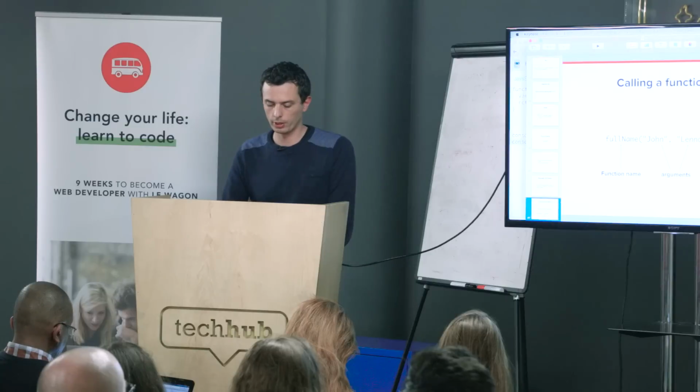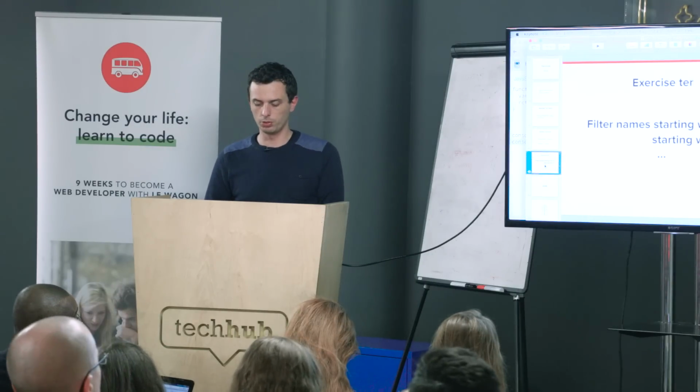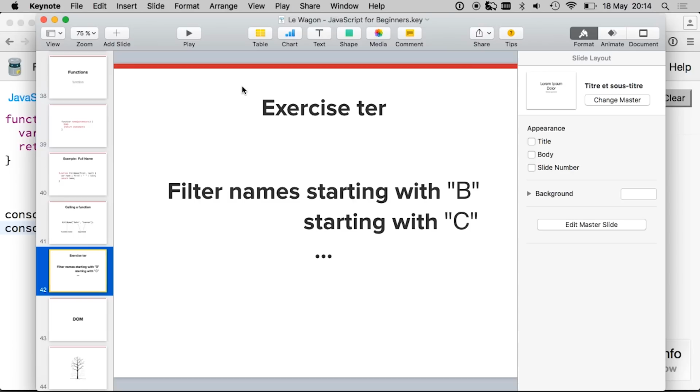So I had a last exercise, but I want to move on to show you some stuff in the browser. Basically, what you could try to do is to write some code so that instead of having a code which is specific to filtering names for a specific letter, the letter B, how you could write your code using a function so that you can filter first names based on any letter you want.